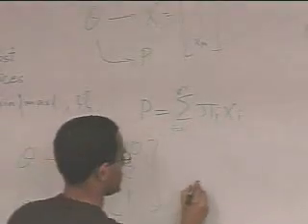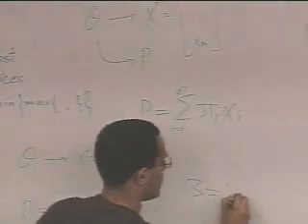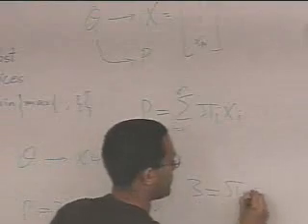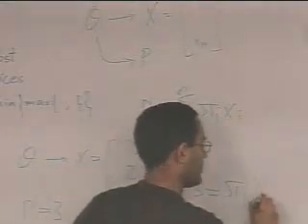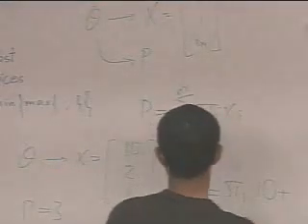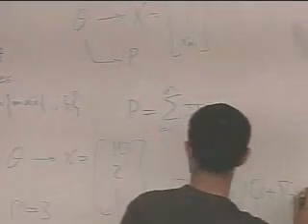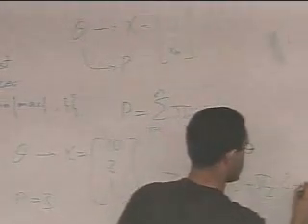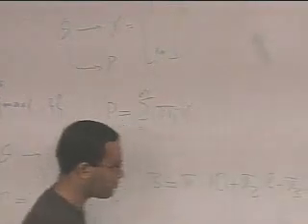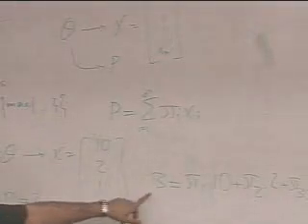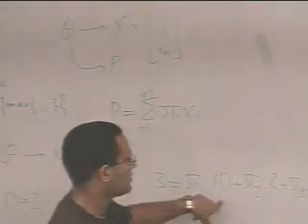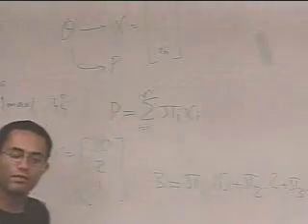Now, I'm going to write down an equation like this: 3 equals pi 1 times 10 plus pi 2 times 2 plus pi 3. This is nothing really strange. I just want to make this number with these three numbers, putting pi 1 there.